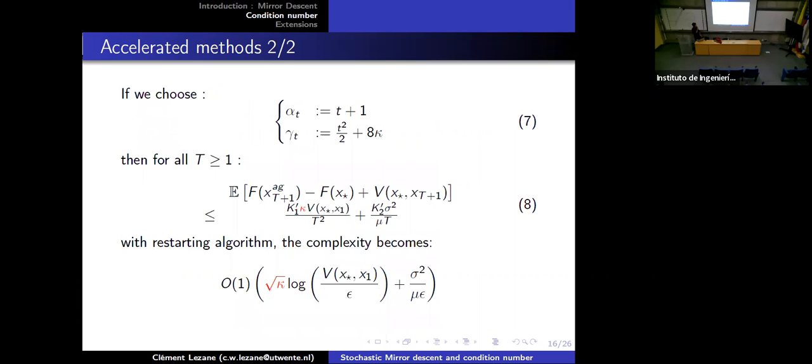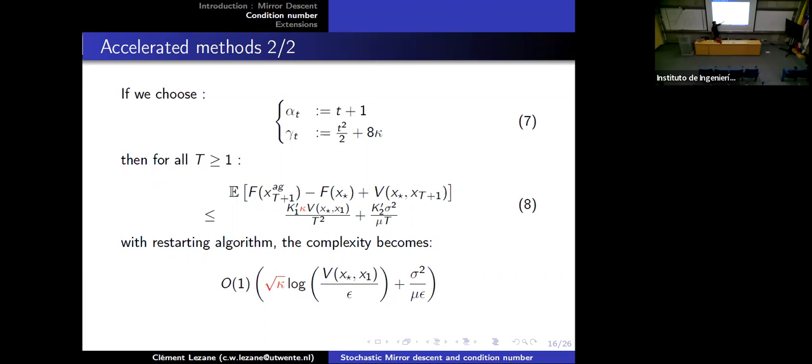You can choose similar step sizes, alpha t linear and gamma t quadratic. This time, instead of kappa squared in the original term, you're going to have kappa, which is smaller because kappa is bigger than 1.